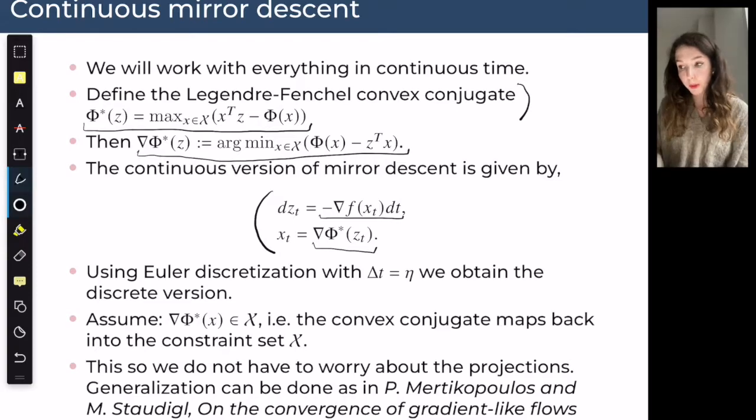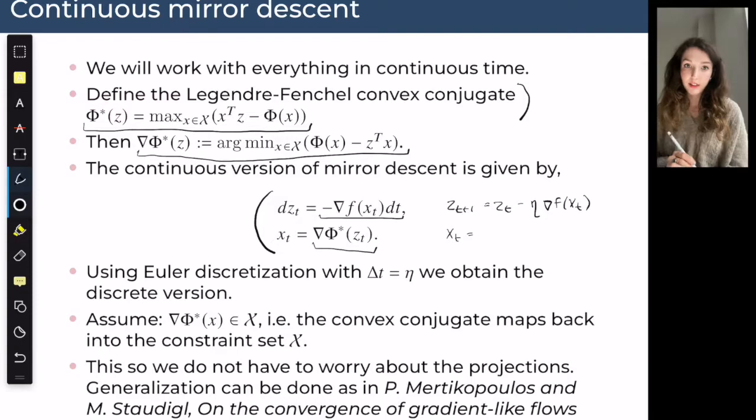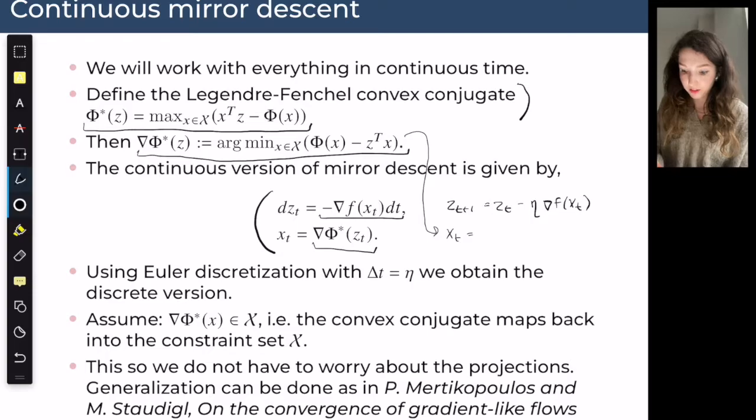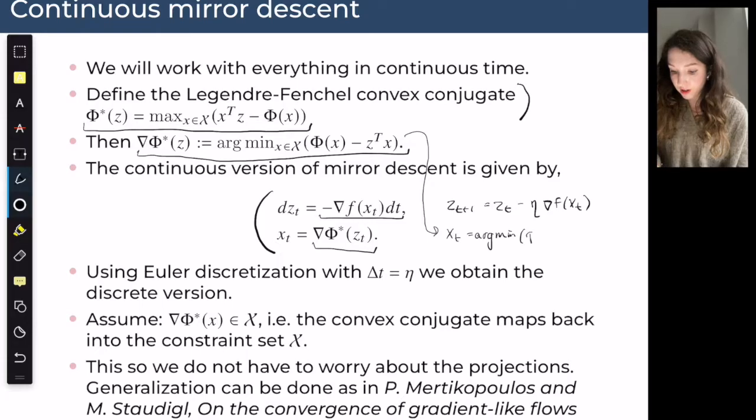If we were to discretize all of this, so if we were to say zt plus 1 is zt minus some learning rate eta being our time step delta t, times gradient of f of xt, and then xt being the way it is defined here, and plug this definition in here, we would get the arg min of phi of x minus zt minus eta gradient f of xt transpose times x.